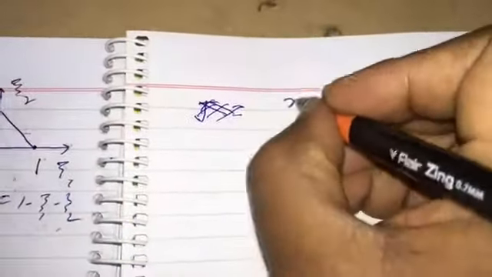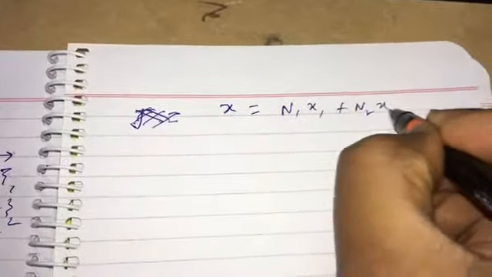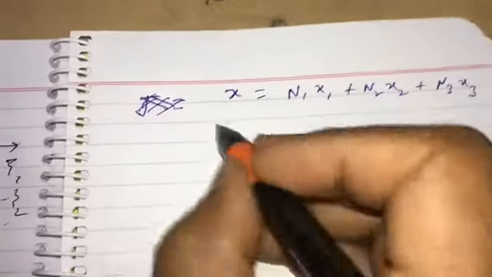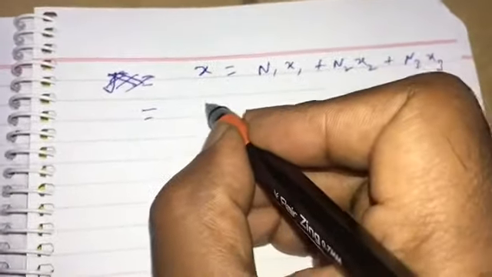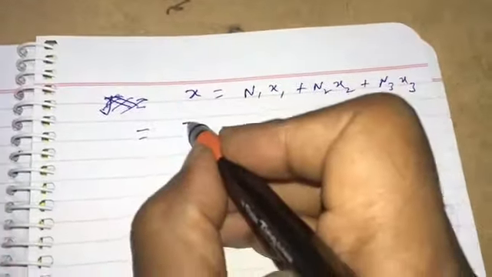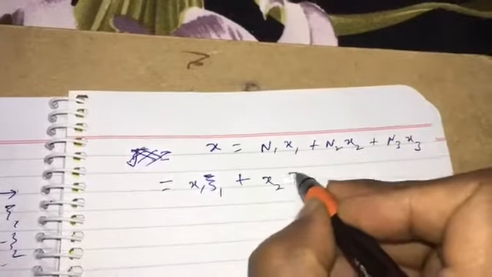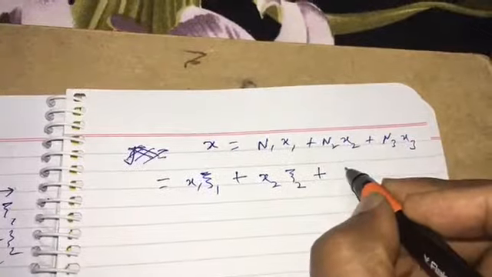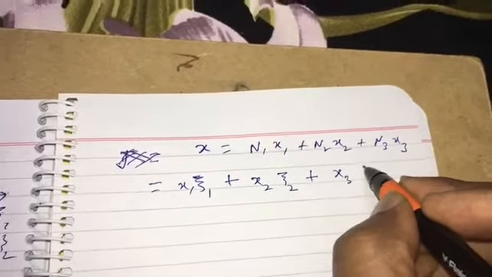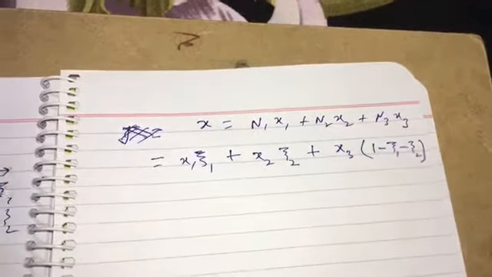So if you write the same thing here, we have x equal to n1 x1 plus n2 x2 plus n3 x3, and n1 is nothing but xi1. So we get xi1 x1 plus x2 xi2 plus x3 and n3, which is nothing but 1 minus xi1 minus xi2.